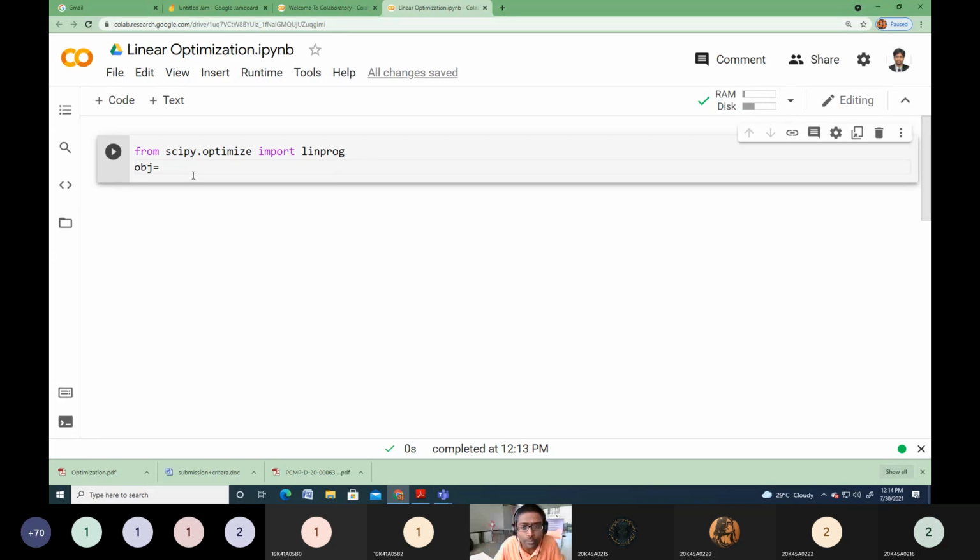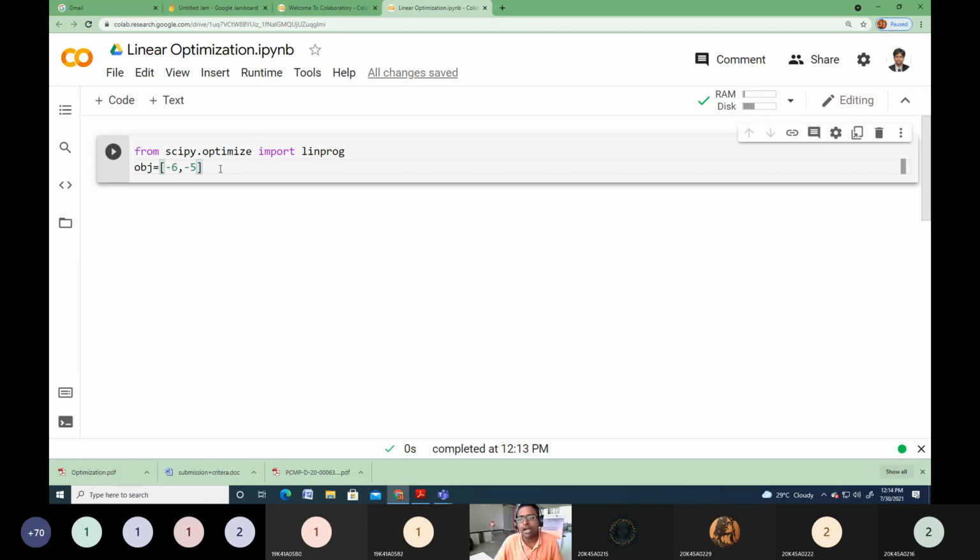So what is the objective function matrix? -6, -5. Perfect. It is just -6 comma -5. This is how we can solve a linear optimization problem in Python.